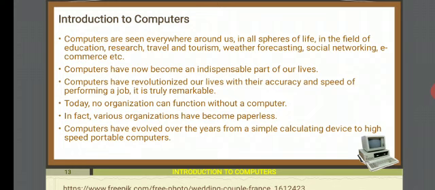Computers have evolved over the years from a simple calculating device to high-speed portable computers, so we have many generations of computers. In many organizations we need no paper for doing calculations because we have computers. So these are the uses of computers, and we use them in our day-to-day life.